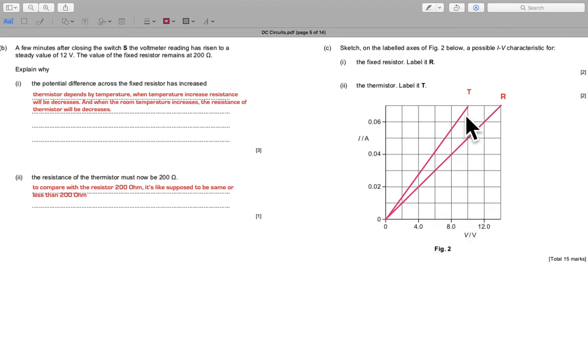Because the thermistor has less resistance than R, the graph is going up, because this is V over I, which gives a small number, so the graph needs to go up.